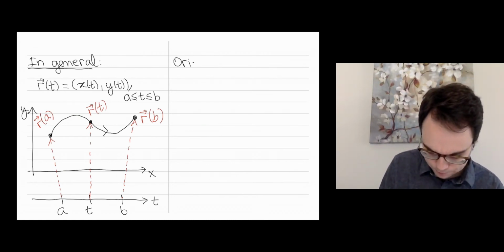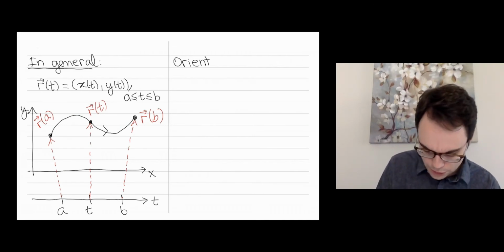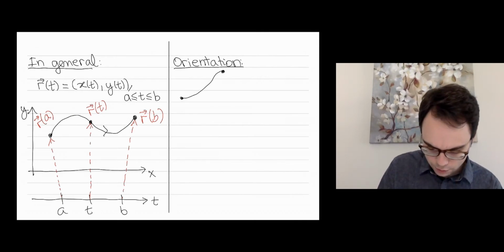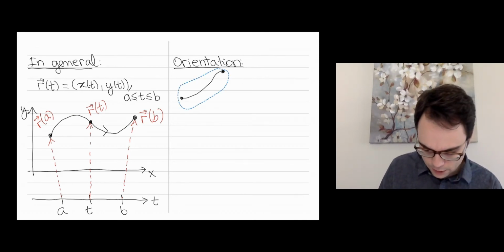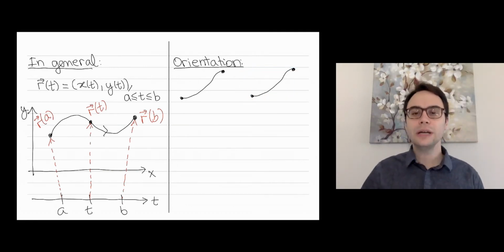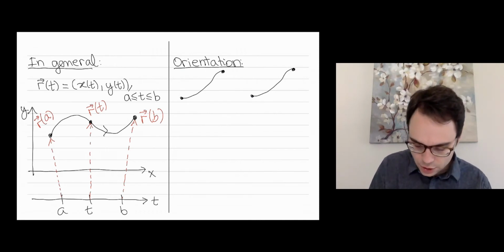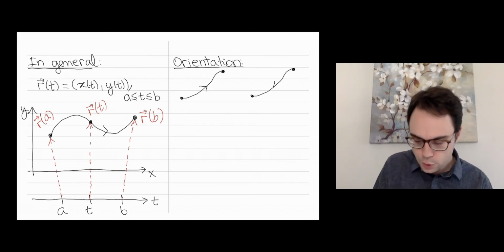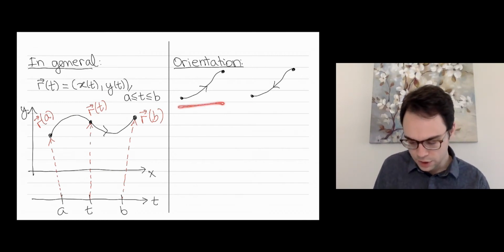So let me be precise about it before I move on to computational examples. Orientation of a curve is a very simple thing. Let me draw two twin copies of a curve. An orientation of the curve consists of a direction that I attach to it. So there are two options: this one or this one.